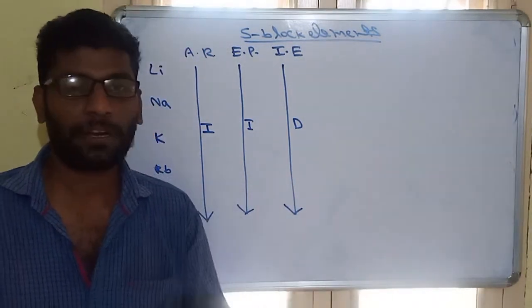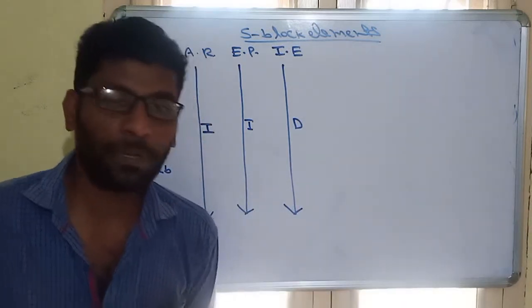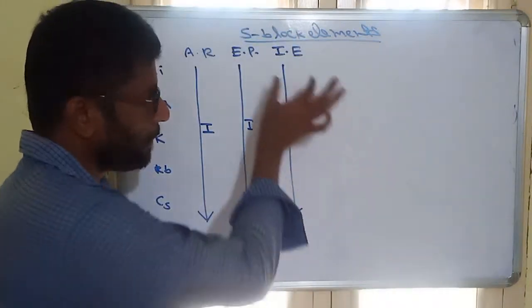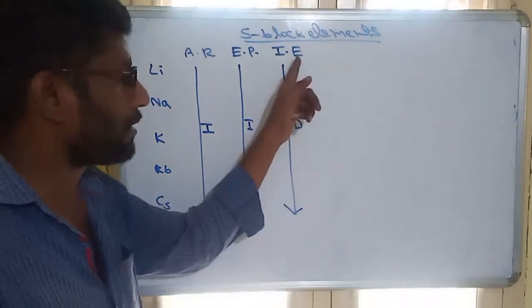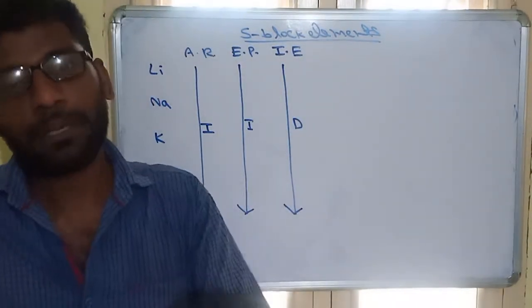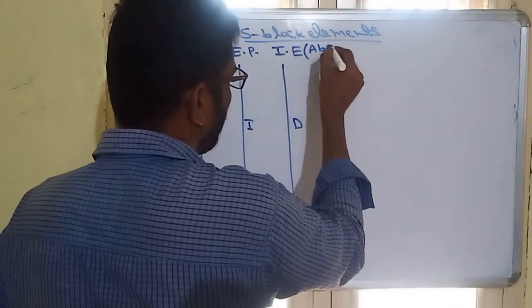When we remove the outermost electron from a gaseous atom, the energy we have to give is called ionization energy. Remember, it is the required energy. By absorbing this energy, the electron can be ejected from the metal. So this is the absorbed energy.